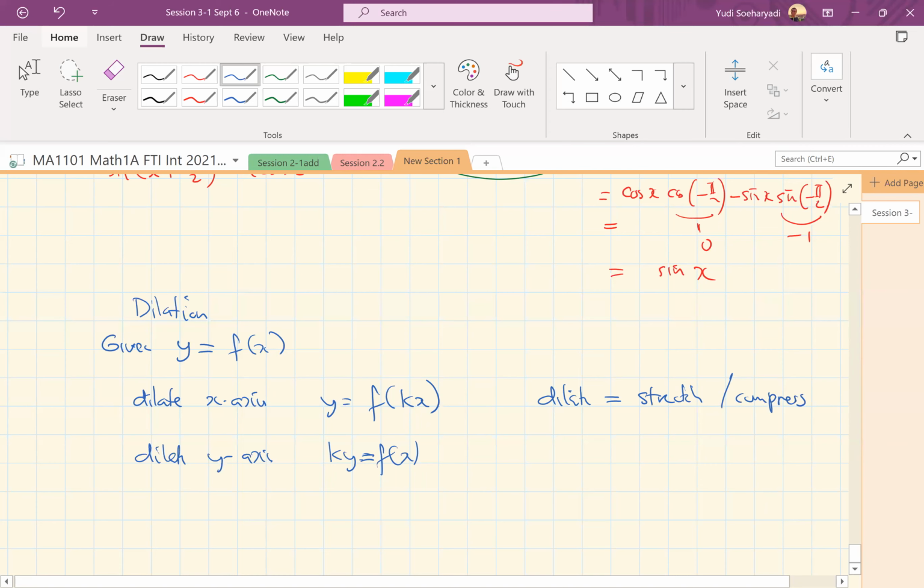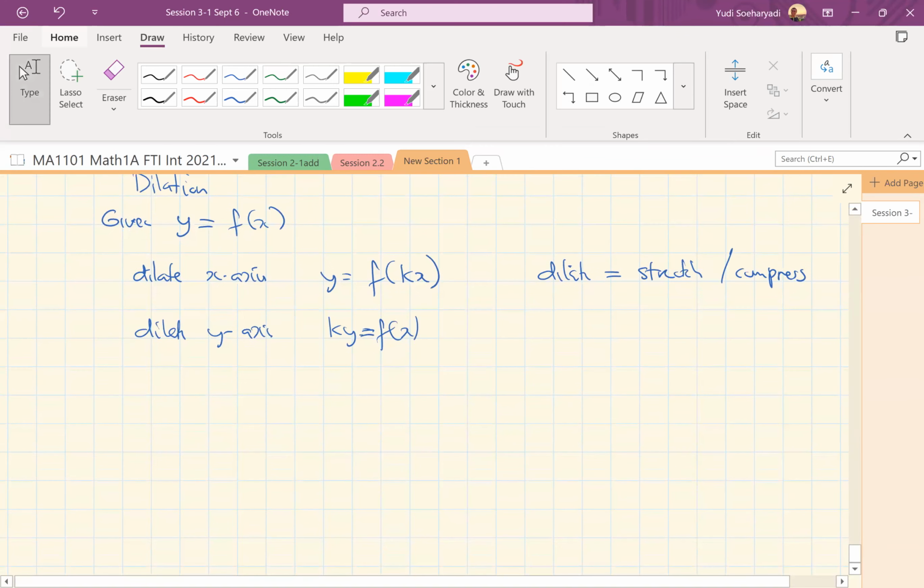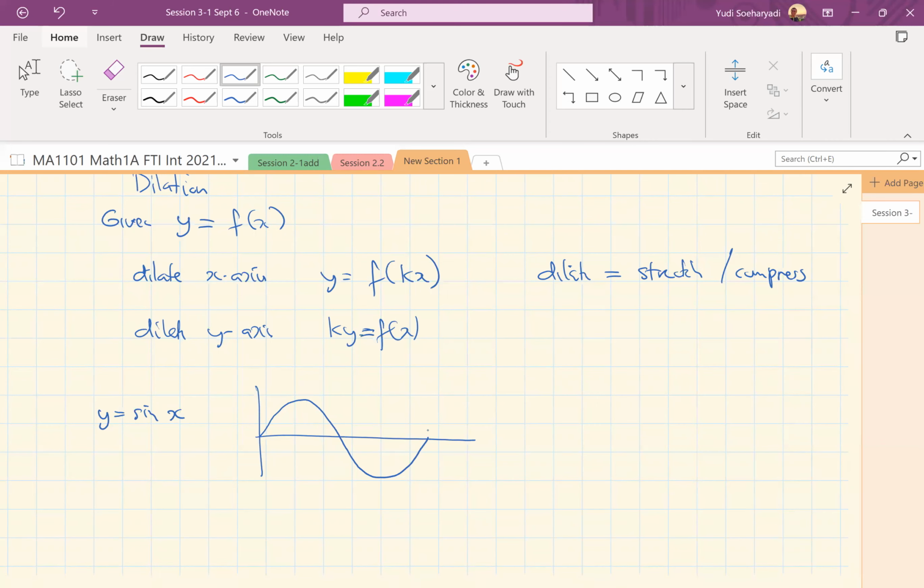So for example, y equals sine x. In terms of trig functions, this is a nice description of a dilation factor: sine kx.